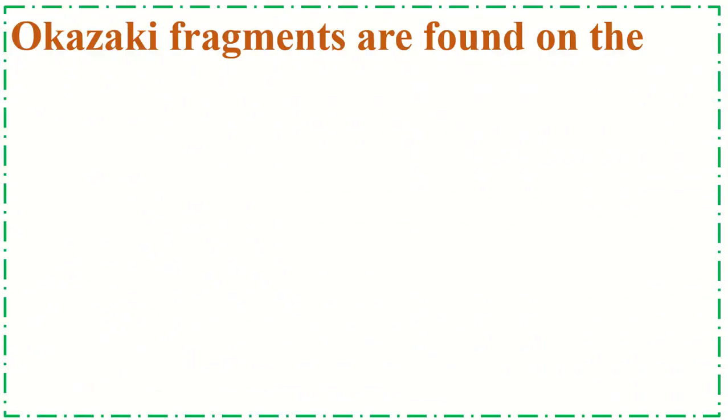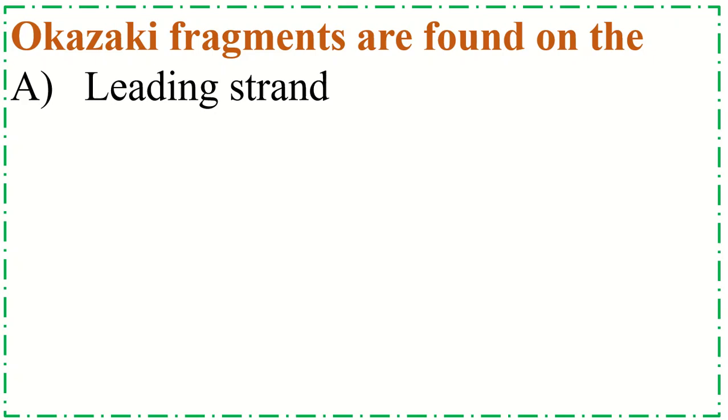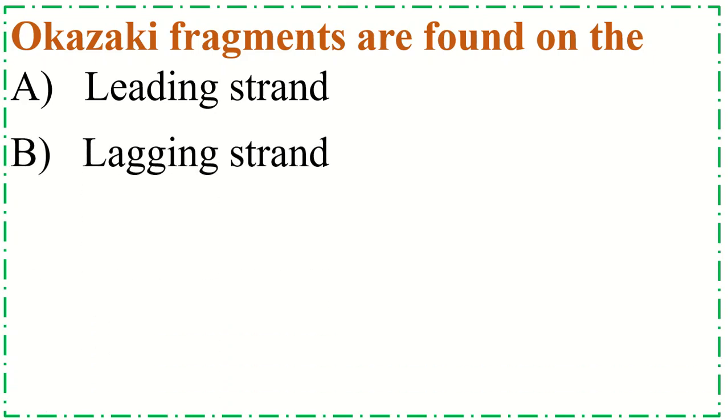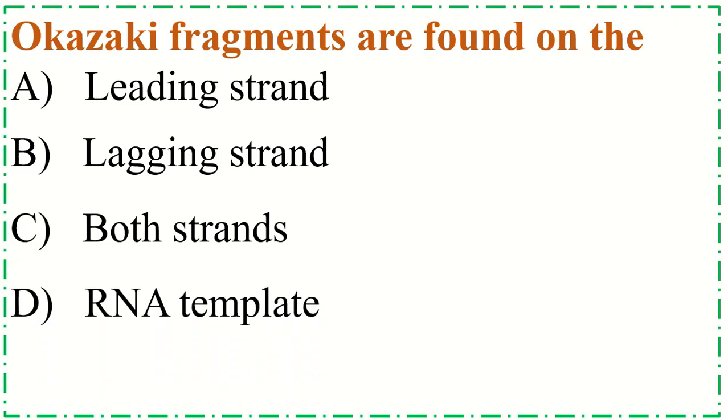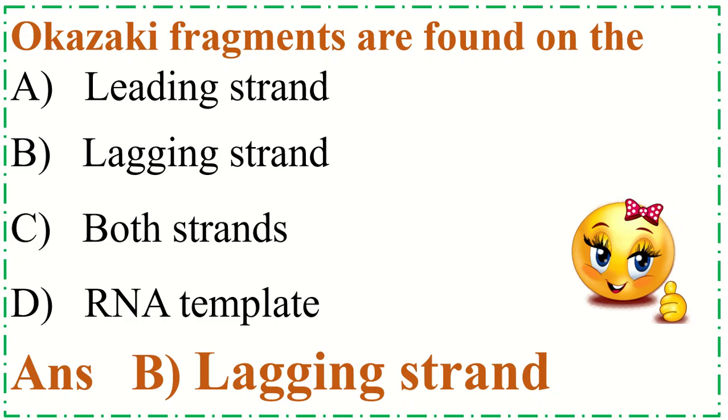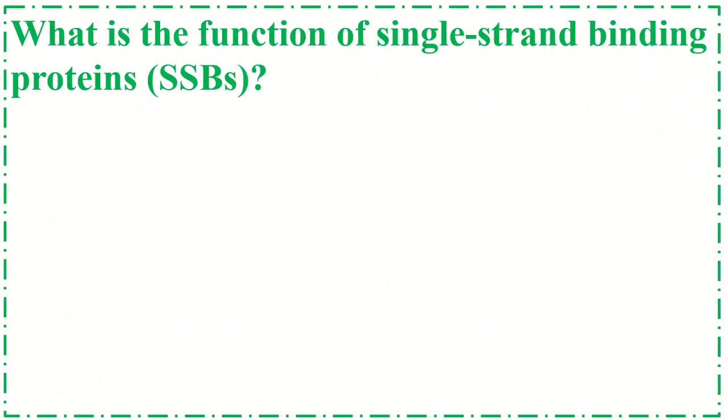Okazaki fragments are found on the, option A, leading strand, B, lagging strand, C, both strands, and option D, RNA template. Correct option is B, lagging strand. What is the function of single strand binding proteins, SSBs?